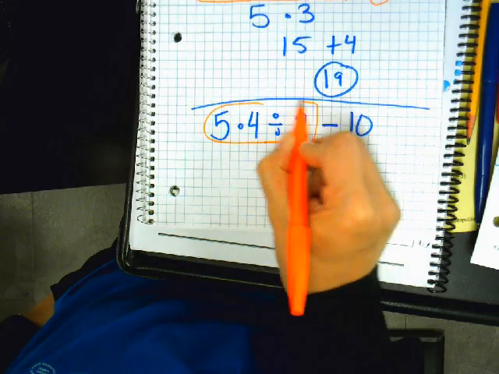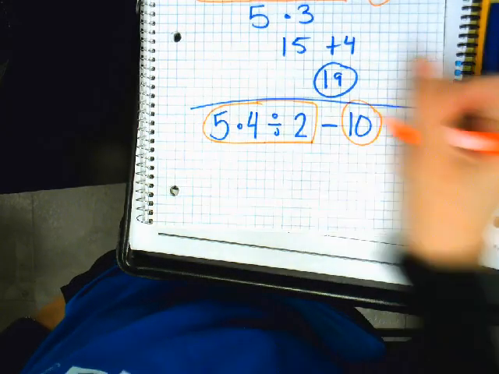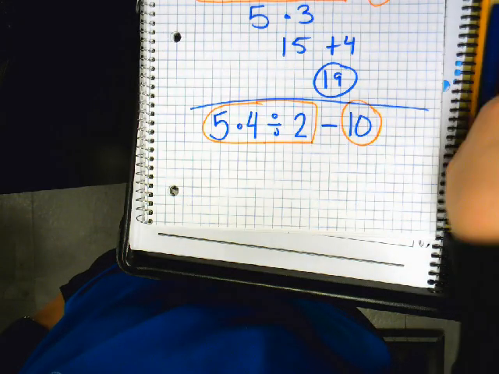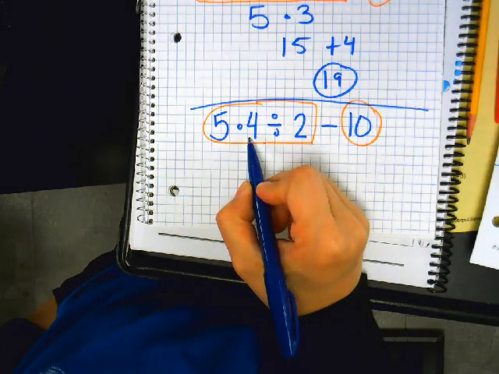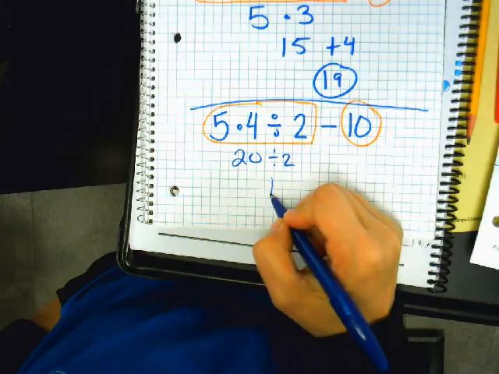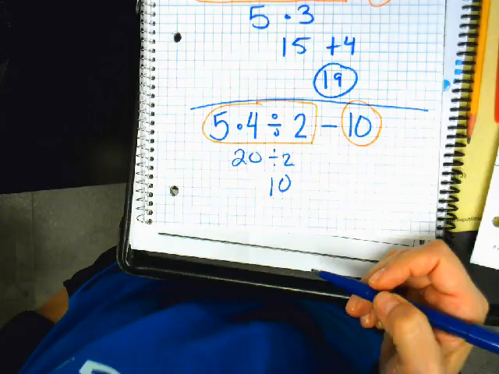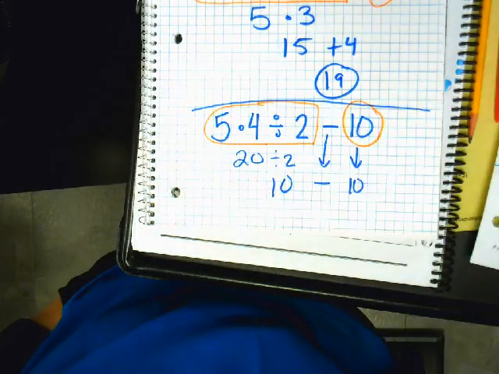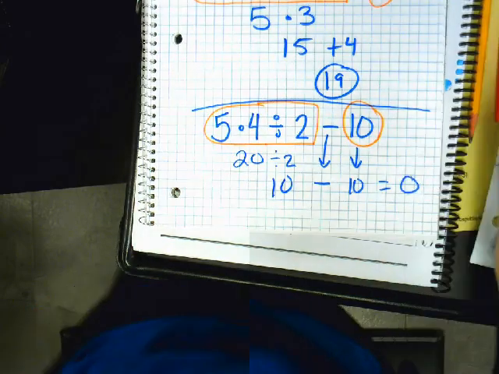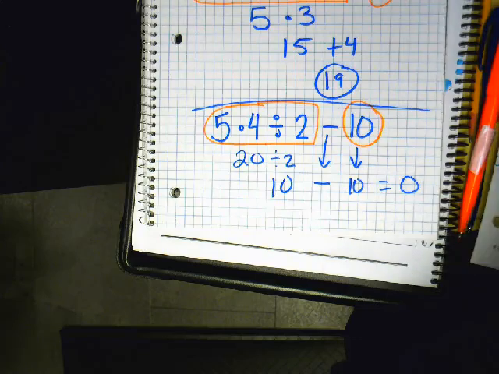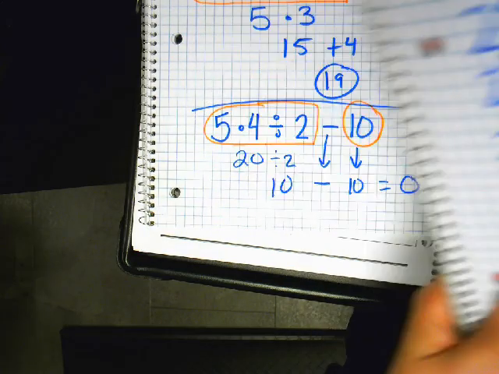So we stop and we continue circling. All right, 5 times 4, 20. 20 divided by 2. That's 10. So this circle ends up being 10. Then you bring down the minus, bring down the 10. Easy? Good.